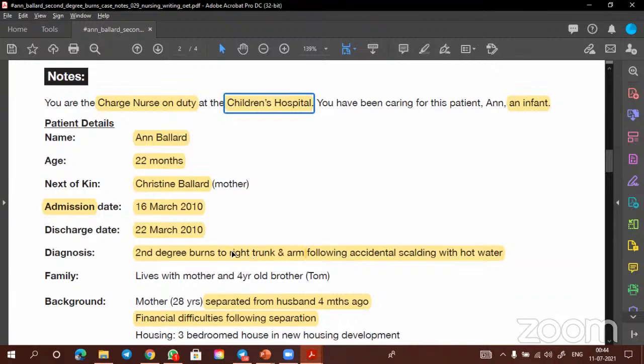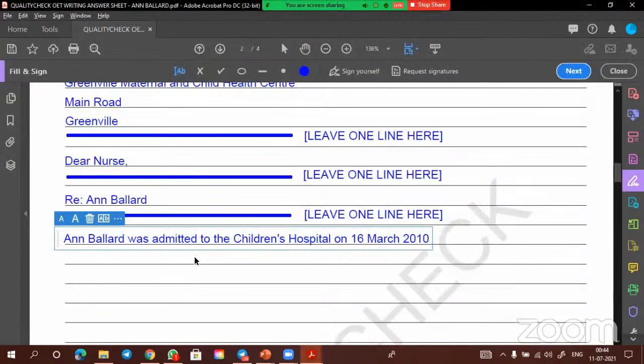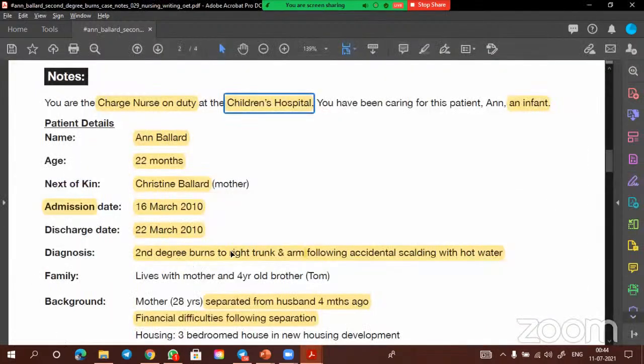With second degree burns to the right trunk and arm.